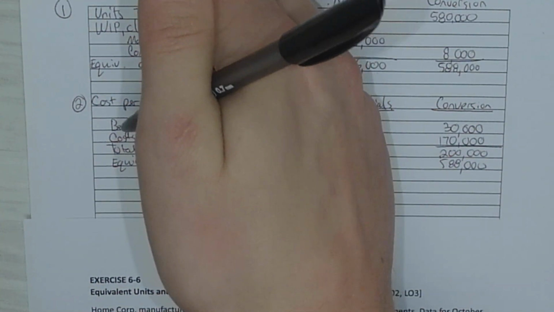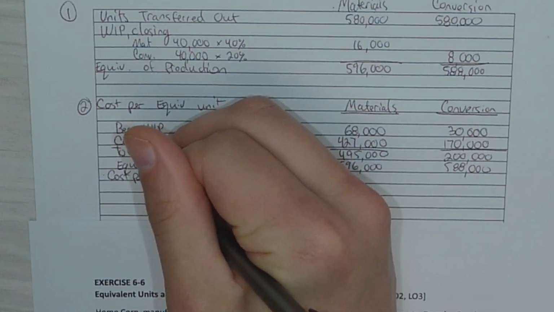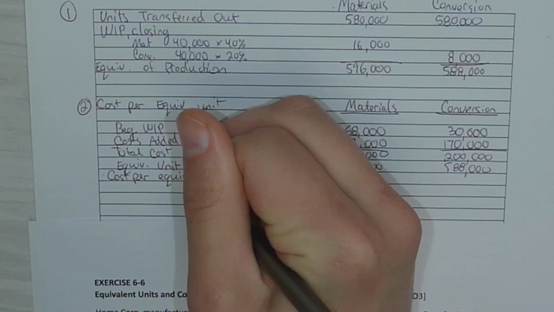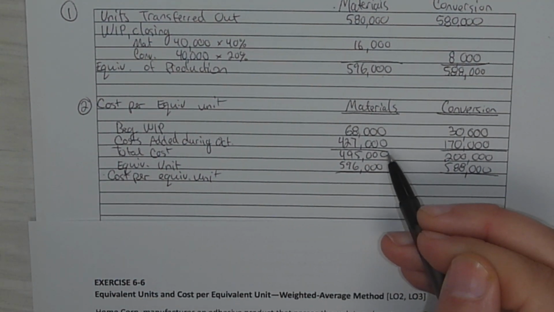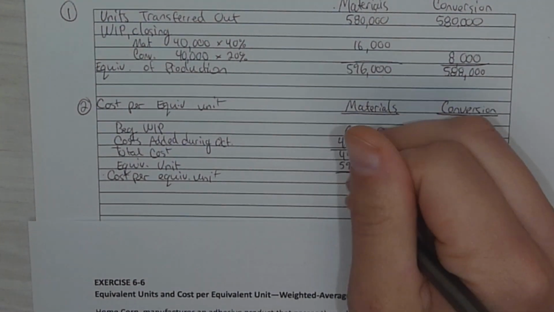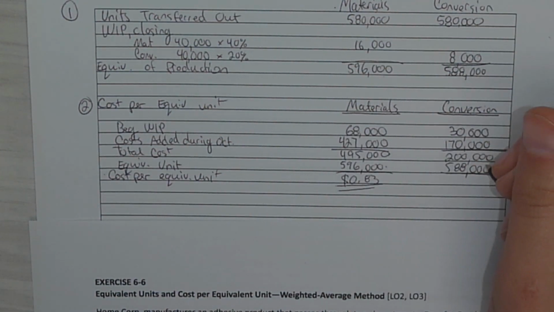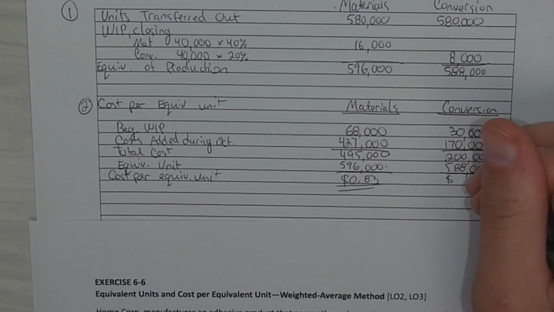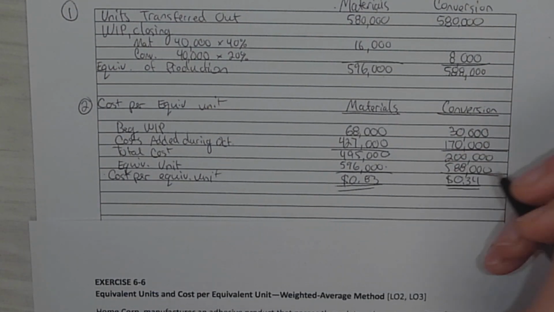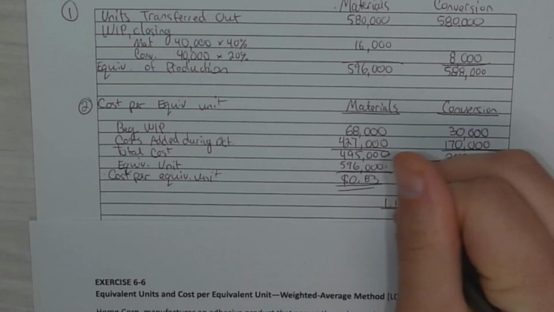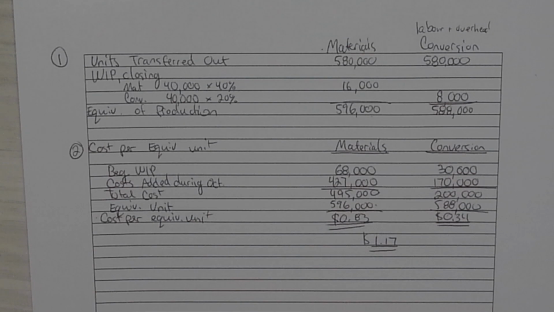So our cost per equivalent unit, if we divide this by this, we get 83 cents. If we divide this by this, we get 0.34. And if we were to add these up, we would get 1.17 total cost per unit. And that's putting it all together.